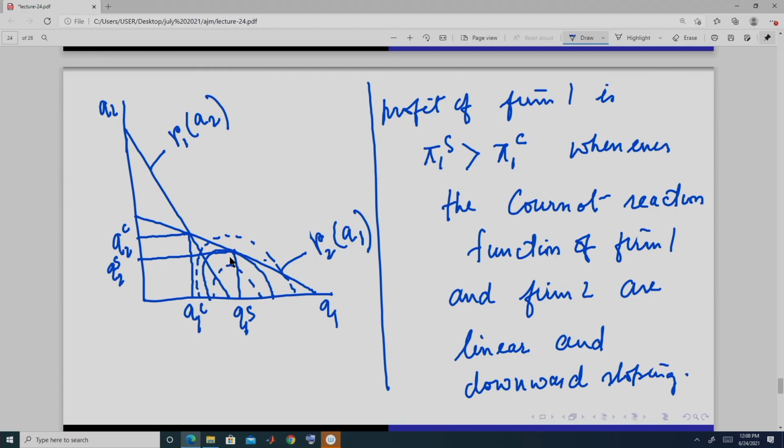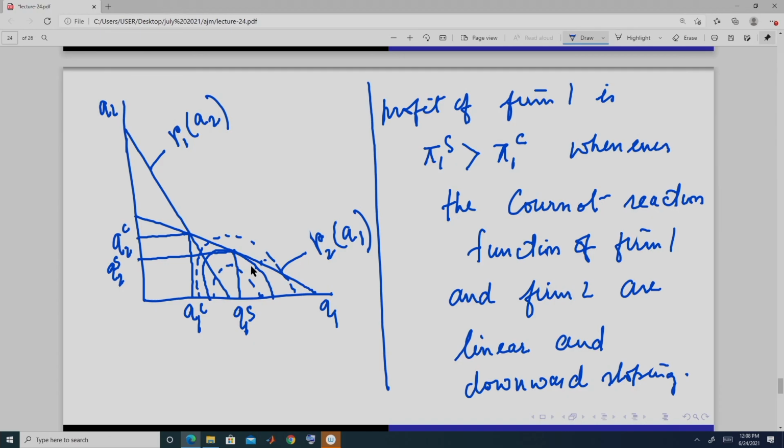This isoprofit curve gives higher profit to firm 1 than this, but if you choose this output, firm 2 is going to produce here. The isoprofit that passes through this point lies above this, so profit is less.